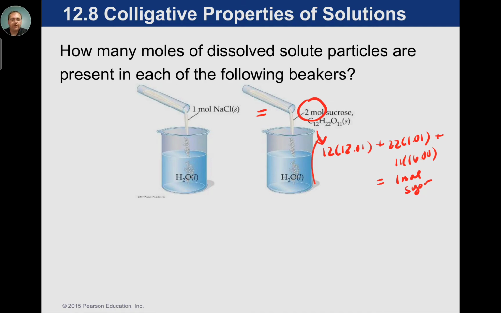So all of this times 2 is going to equal the same number of molecules in 1 mole of sodium chloride, which is just 23 plus 35.45.